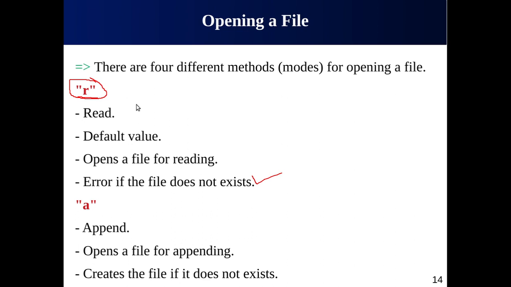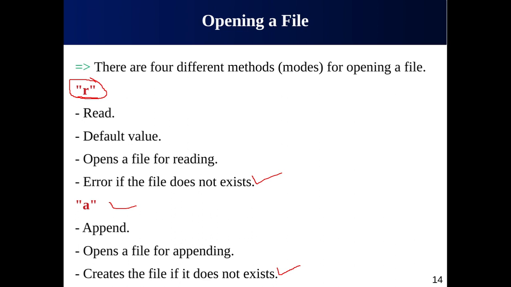If you want to open a file for reading, but the file does not exist, then it will give you an error. You can also open a file to append something to it. Append means adding something to the file at the end of the file. But the good thing about it is that if you want to open a file that does not exist, it will not give you an error.